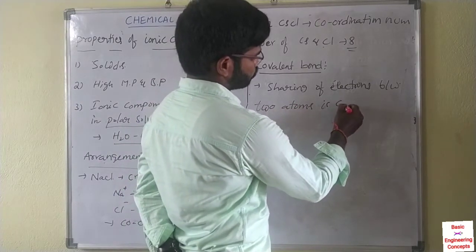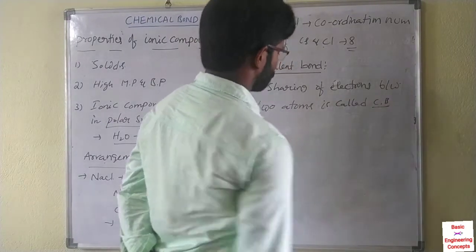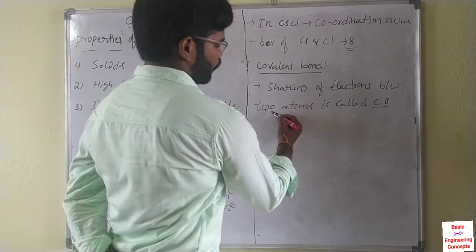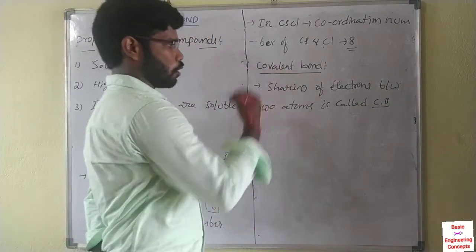Sharing of electrons between two atoms, either different or the same atoms, is called a covalent bond.